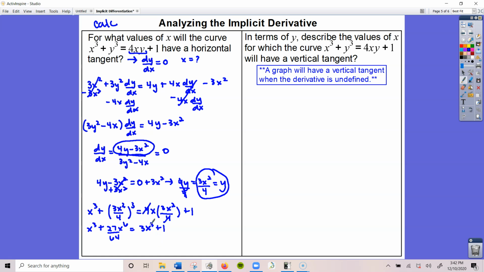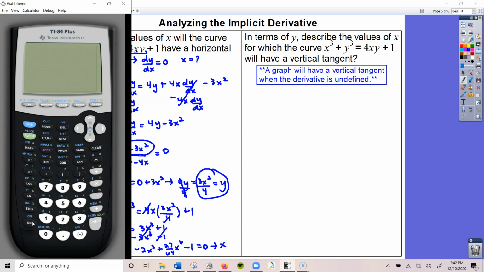So now I'm going to make this equal to 0. And I get the equation negative 2x cubed plus 27 over 64 x to the 6 minus 1 is equal to 0.